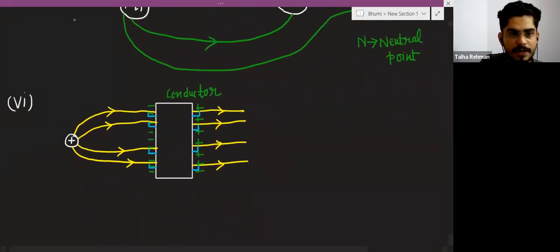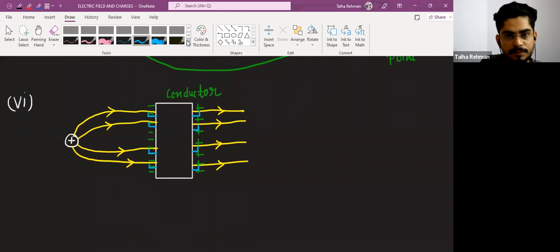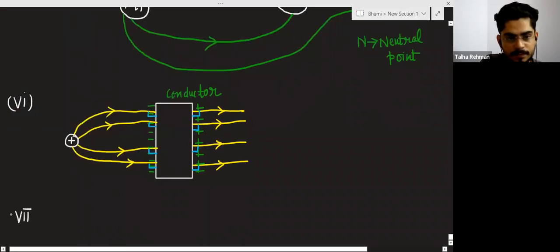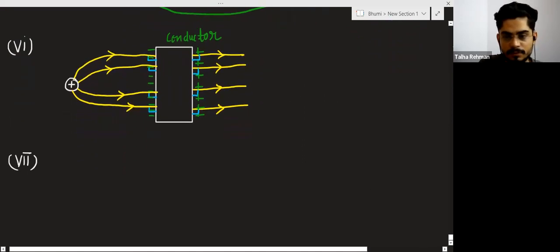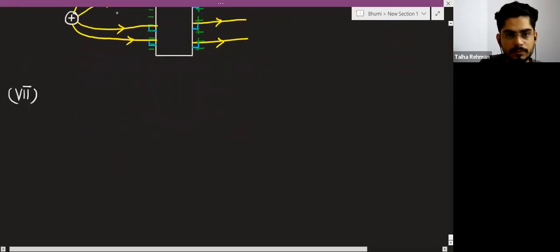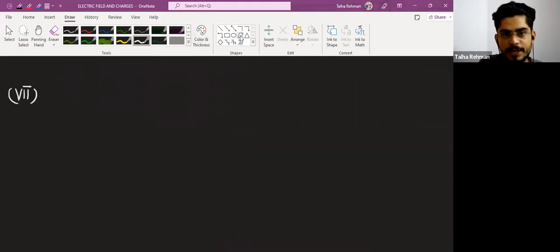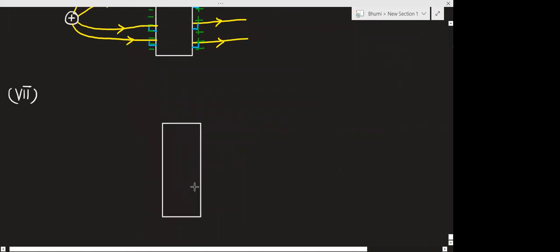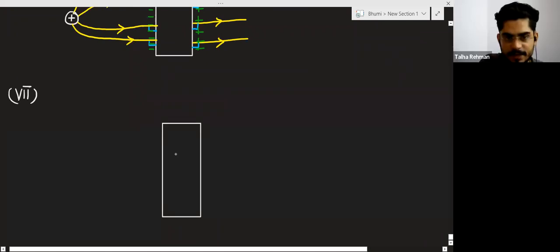Now if you have a conductor again, seventh point. Bhumi, are you getting? Yes, sir. Okay, fine. So again I am taking a conductor here, and at a certain distance from here a positive charge is placed.